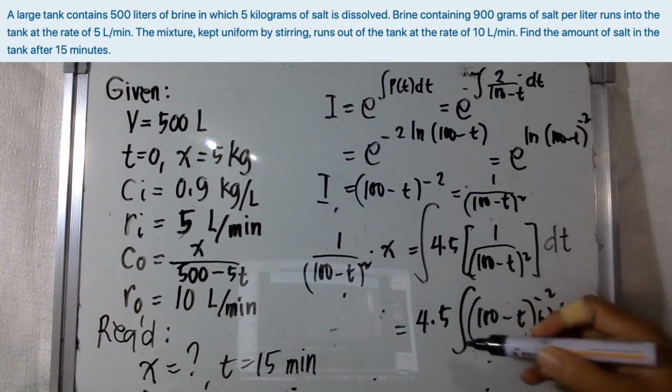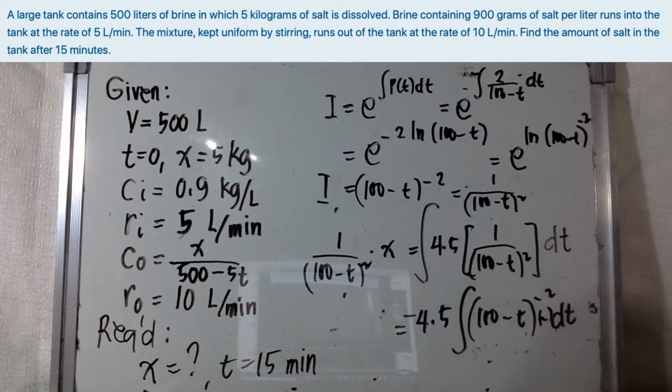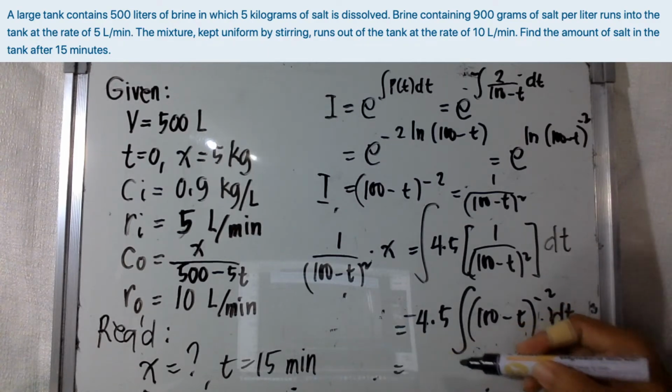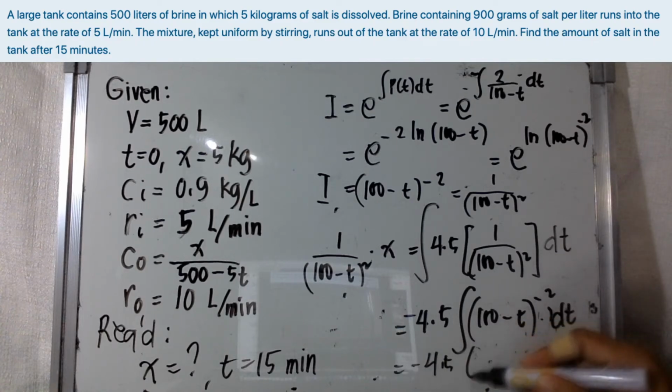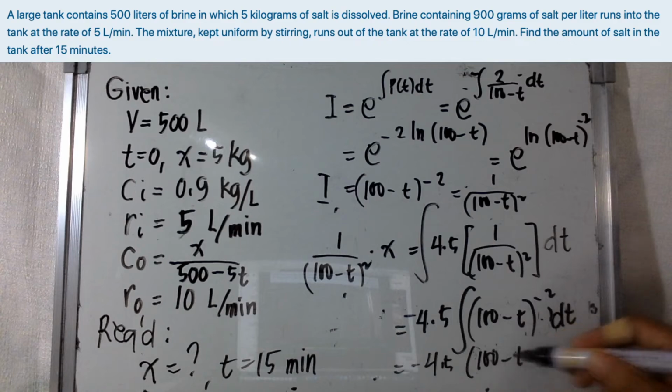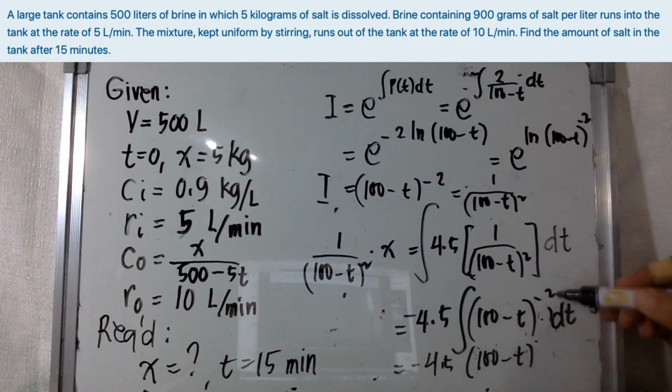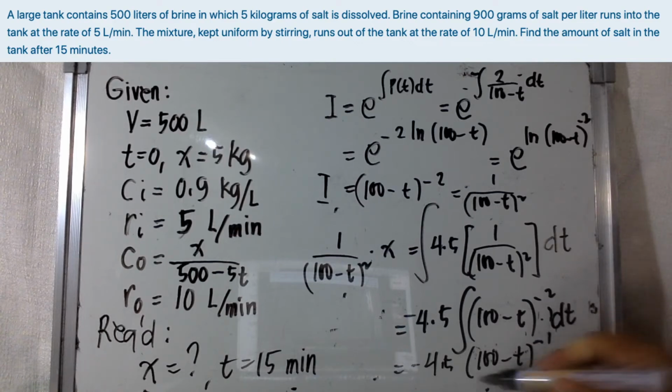And then to neutralize outside, you put negative here. Do you follow? I hope so. So negative dt. We can utilize the power formula. So this will become negative 4.5 times 100 minus t raised to n plus 1, so negative 2 plus 1 is negative 1. This is negative 1 over negative 1, plus c.